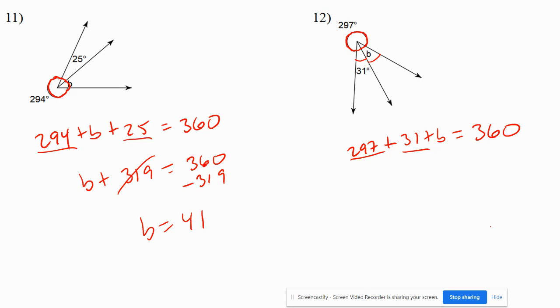Right? 297 plus 31 is 328. So I have 328 plus B equals 360. Let me subtract 328. So 360 minus 328 happens to be 32. So I'm going to say angle B is 32 degrees.